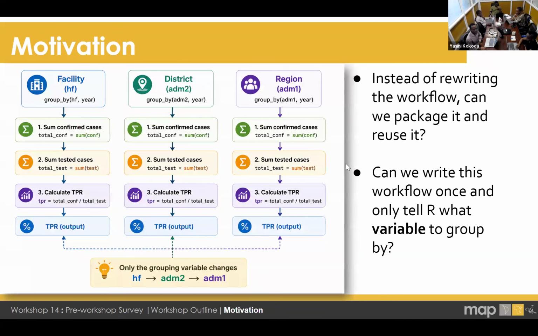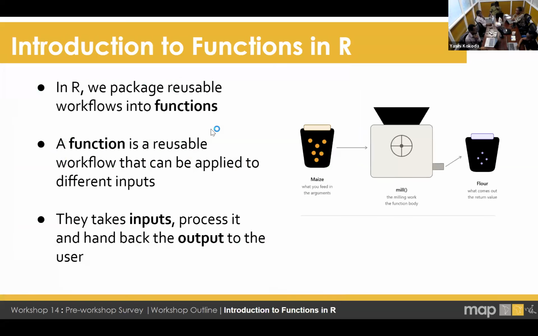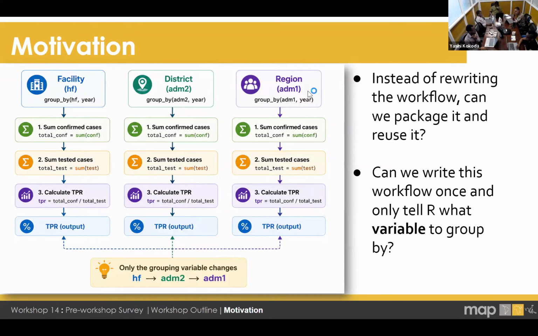So to break it down for you to understand, we put the 3 blocks of code side by side here. You can see the first block of code, the TPR at facility level, district level, and regional level. And you can see the code remains the same throughout.